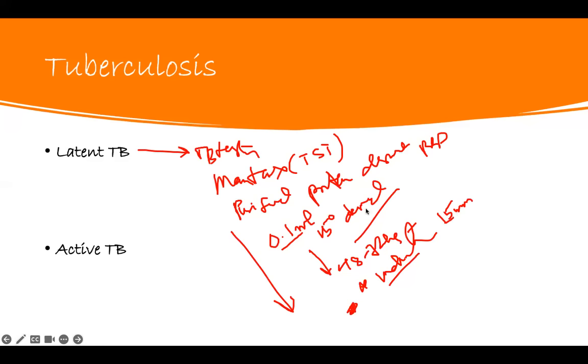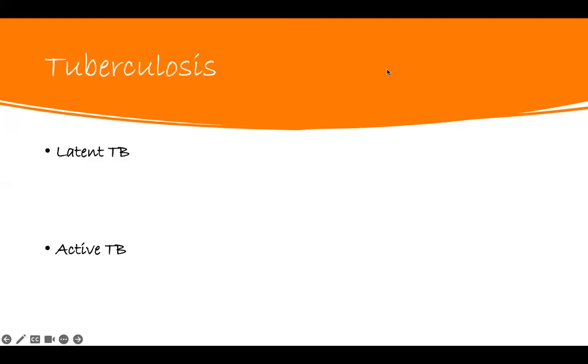If this is positive and you have no symptoms, that means you have latent TB. They usually get a chest X-ray to make sure there's no active infection, and then you'll be considered latent TB. This is a testable question: these patients are not infectious.